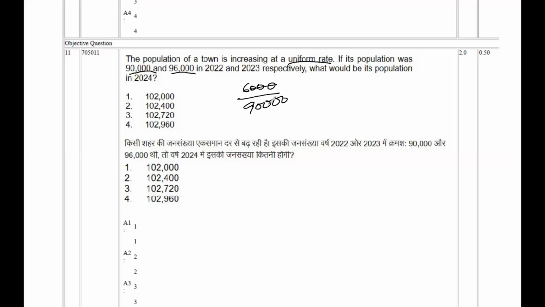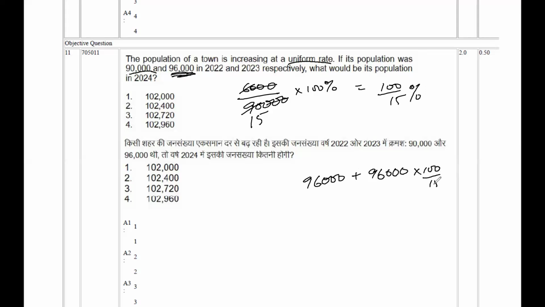So the percentage is 100 by 15%. So you increase 96,000 by 15% as well. So 96,000 plus 100 by 15% of 96,000.